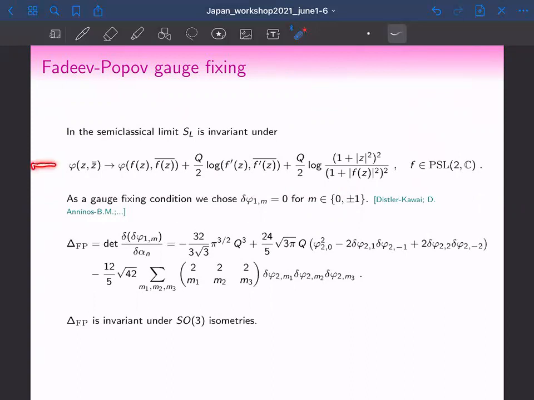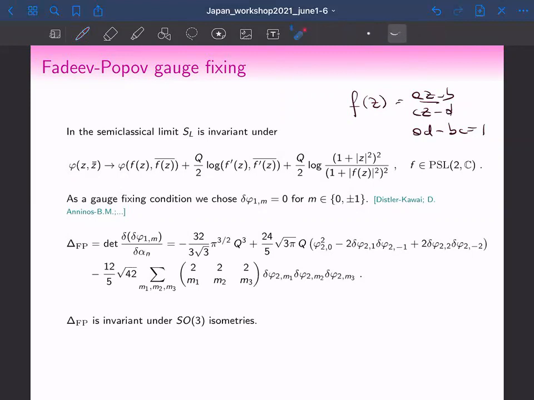The transformation that the Liouville action is invariant under is the following expression over here. Q was just this parameter in the Liouville action, and F here is an element in PSL2C. F is a Möbius transformation, so F is just (az minus b) over (cz minus d) with ad minus bc equal to 1 and a, b, c and d complex numbers.